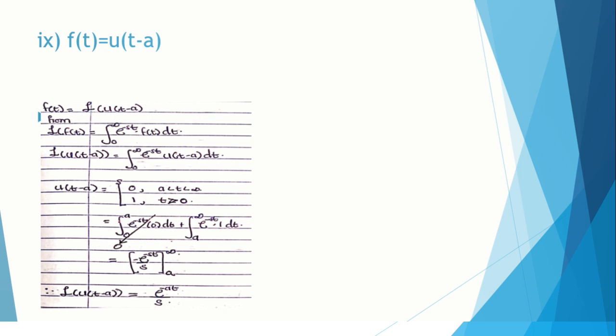So we integrate from 0 up to a exponent minus st times 0 for the zero values dt, plus when we integrate from a up to infinity of exponent minus st, it is in the 1, while the stepping function is 1.